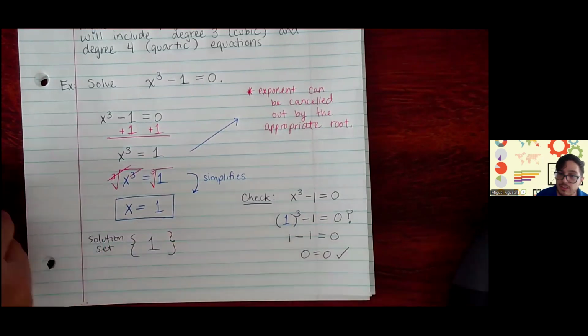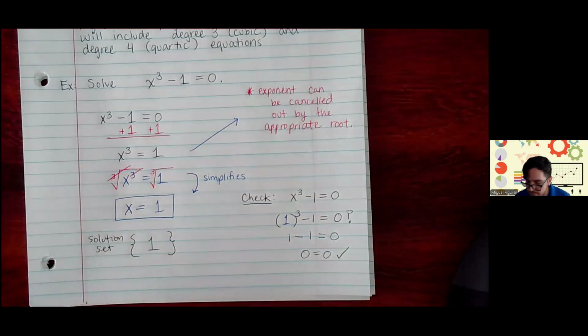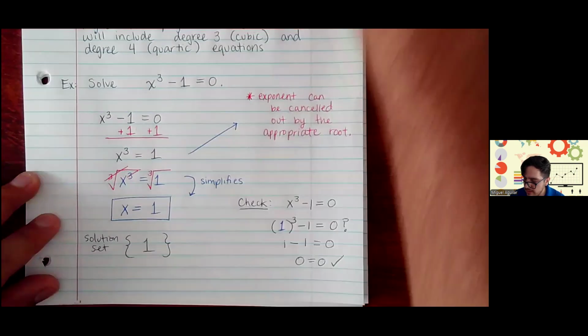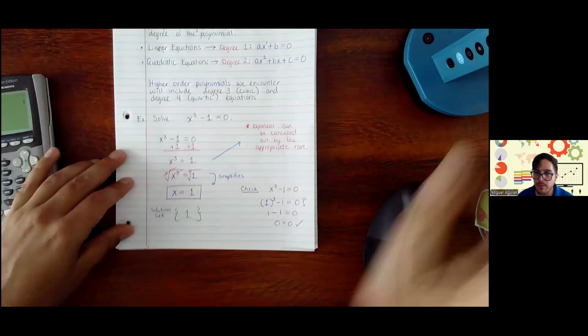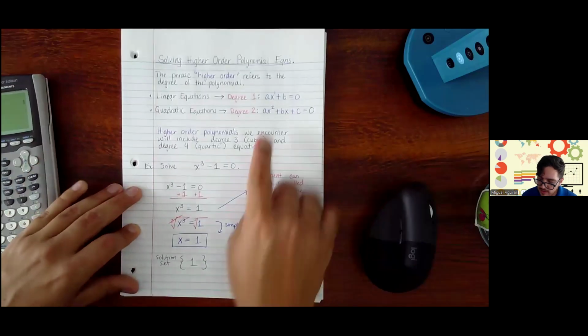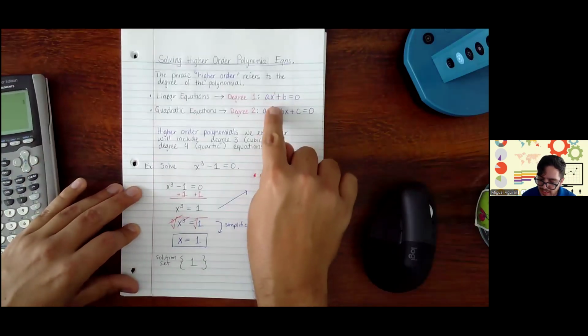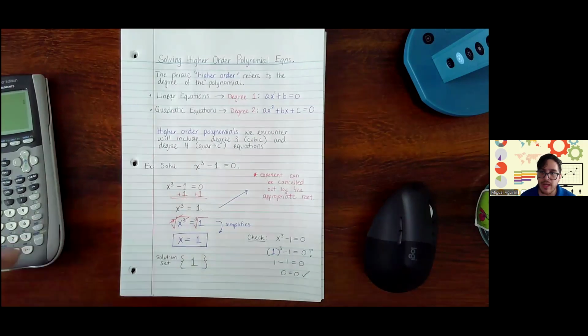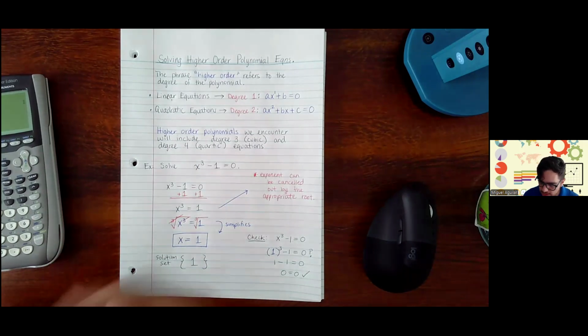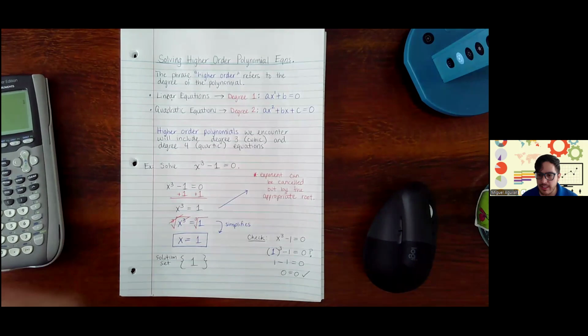Okay, so we only have one solution in that particular problem, and that's okay. We'll see that there's this idea with higher order polynomial equations that the degree of the polynomial, that highest exponent that's attached to the variable x, will tell you at most how many possible solutions you might end up with. Okay, so for this cubic, we could have ended up with 3 solutions.